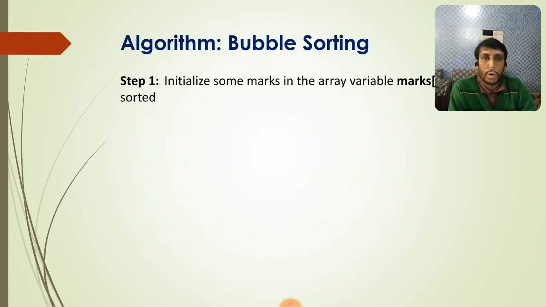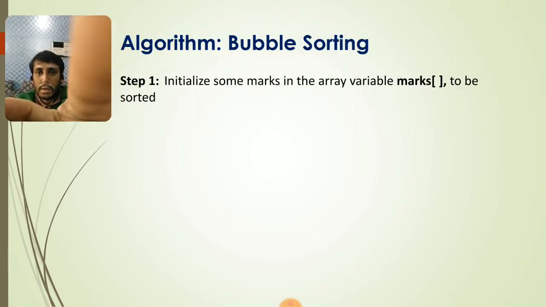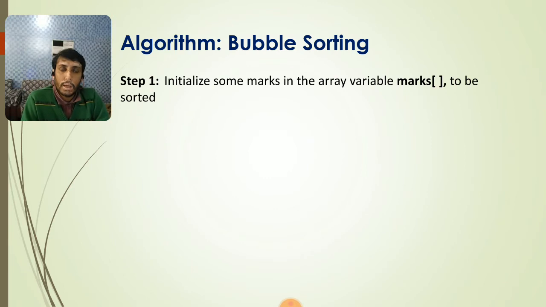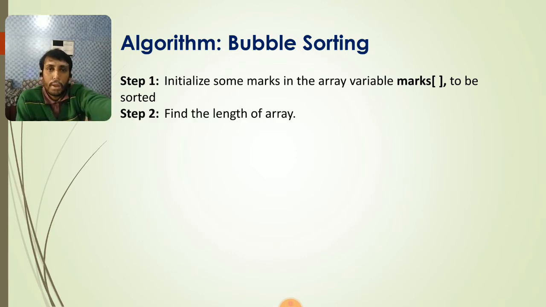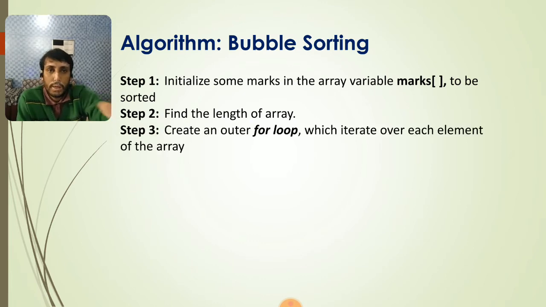So bubble sorting. Let's first look at the algorithm, how this algorithm is working. Initialize some marks in the array variable to be sorted. Find the length of the array. Step three is to create an outer for loop which iterates over each element of the array.